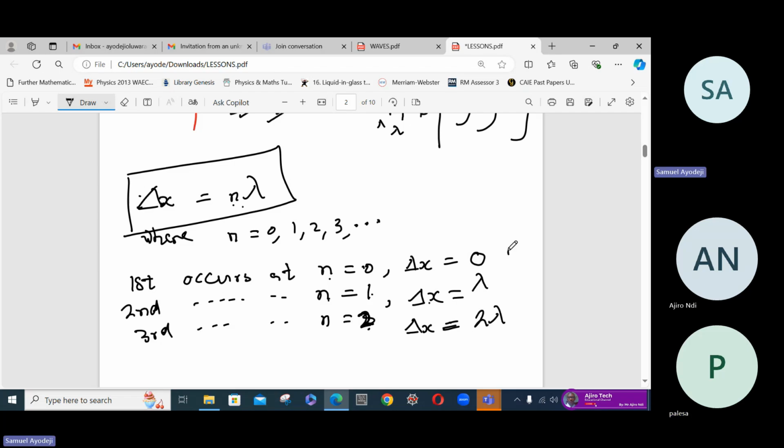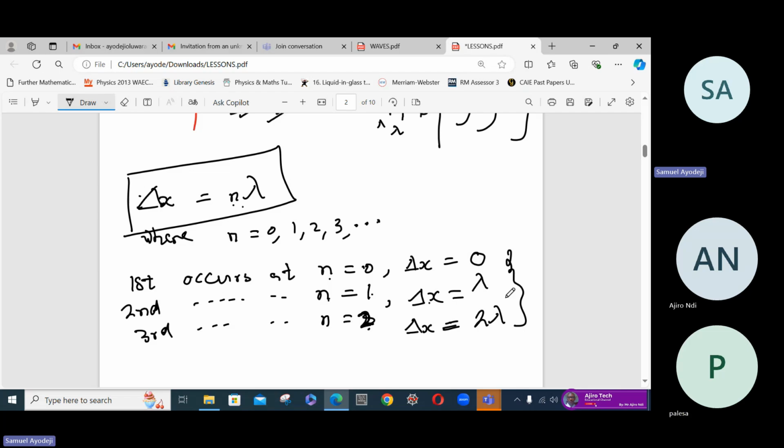So all these are called path difference. The path difference must be n lambda, where n is 0, 1, 2, 3, and so on. The first one starts from 0.